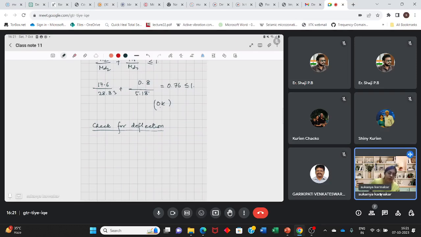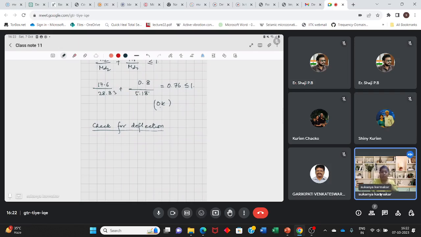For the limit state of collapse, designing the sections, we use the factored load. But for the serviceability check, we use the unfactored or the service load. Using the term unfactored load is wrong, I take back my words.